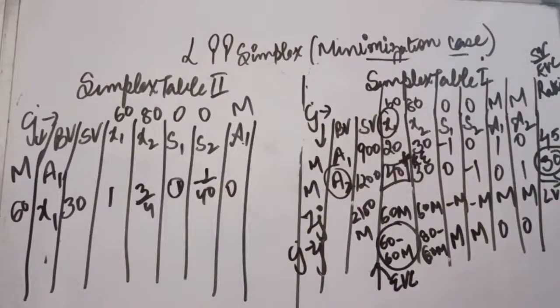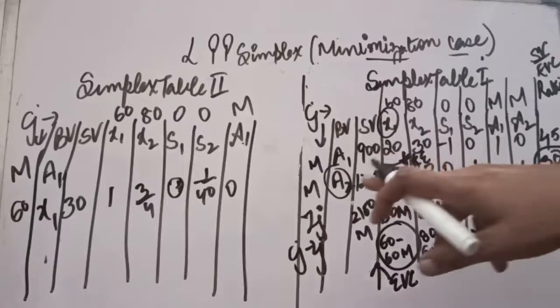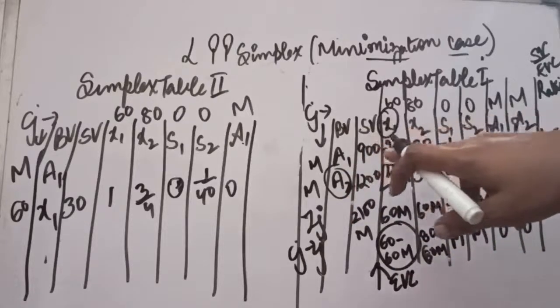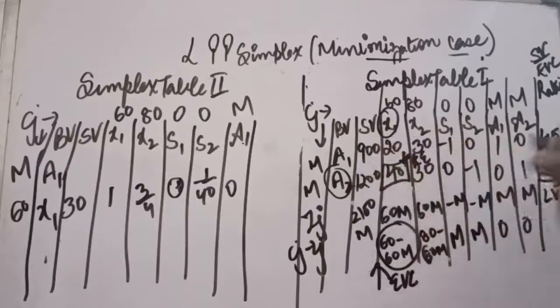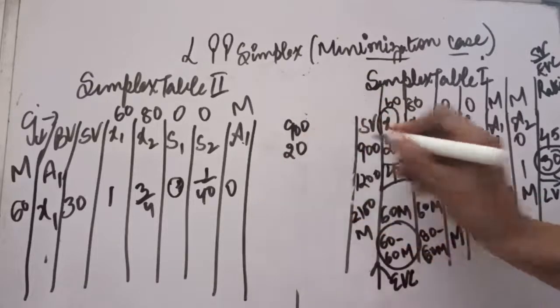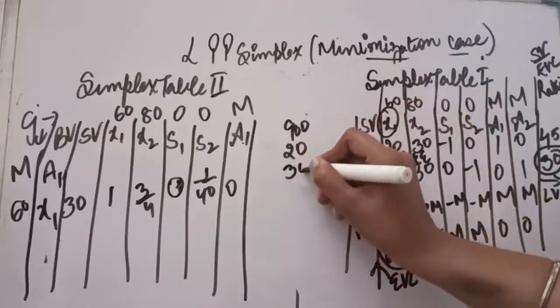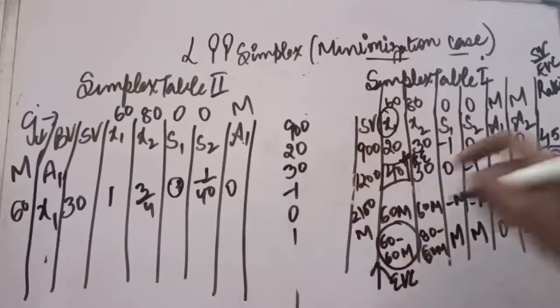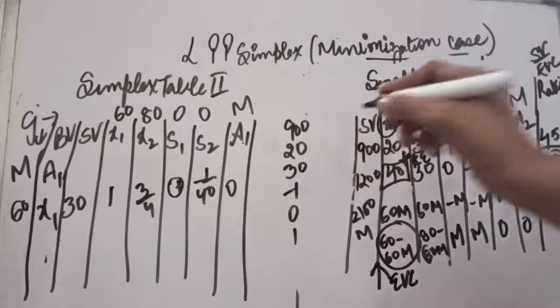Now we will calculate the values for the other row, that is the first row, our indexed row. We will calculate that with the help of the formula: values in the old row minus values in the new key row multiplied by the conversion factor. Now what are the values in the old row? 900, 30, minus 1, 0, 1. The last I am leaving because a2 has now left.